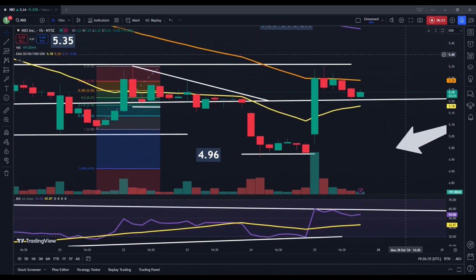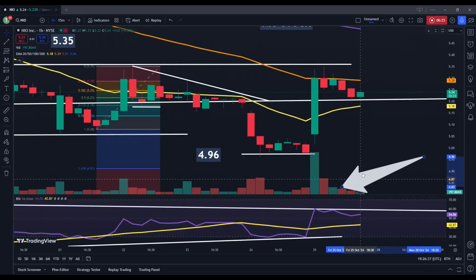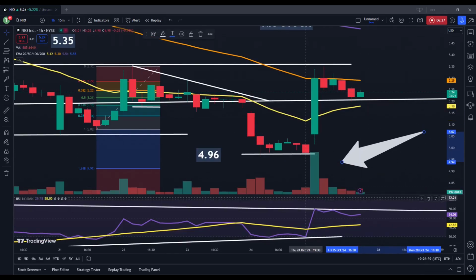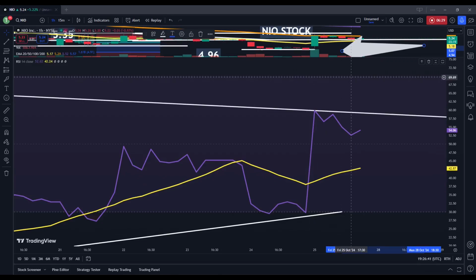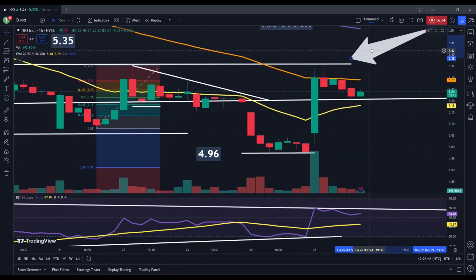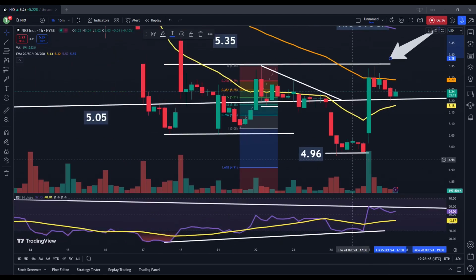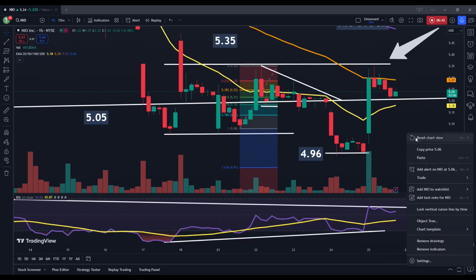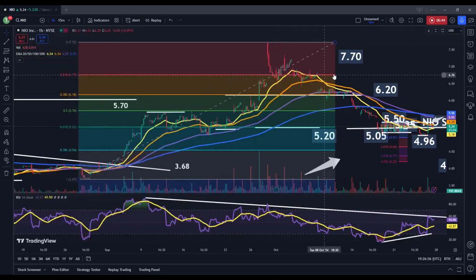So, this is really what I would be looking for here. A break of that downtrend in the indicator reading, as well as a movement above this 535 area in order to reinvigorate the potential for an uptrend, and then to suggest that pressure is being taken off of the downside. So, there are a couple of different factors to be watching there.